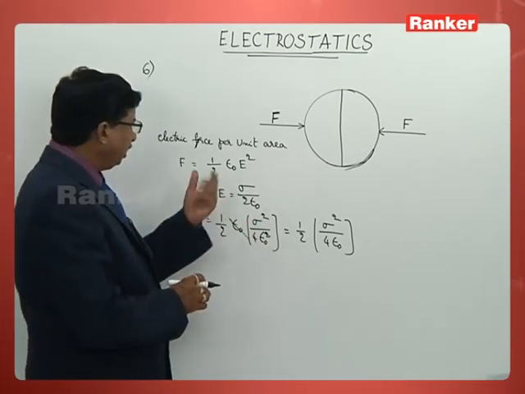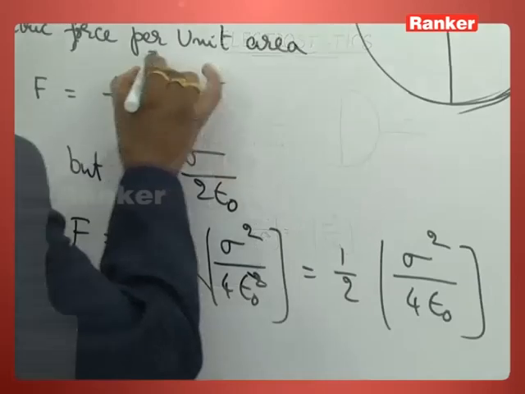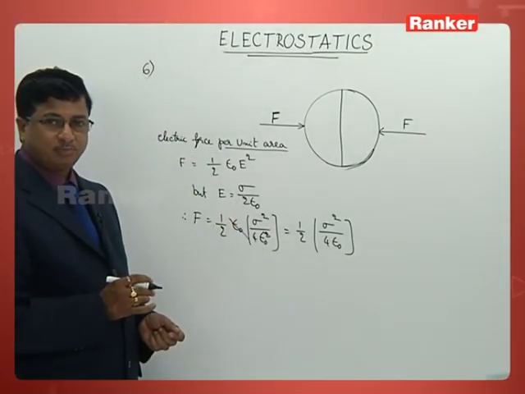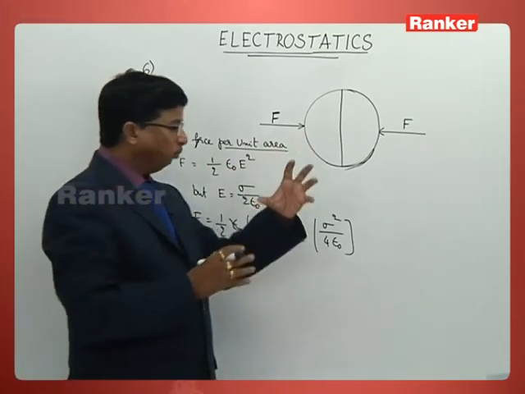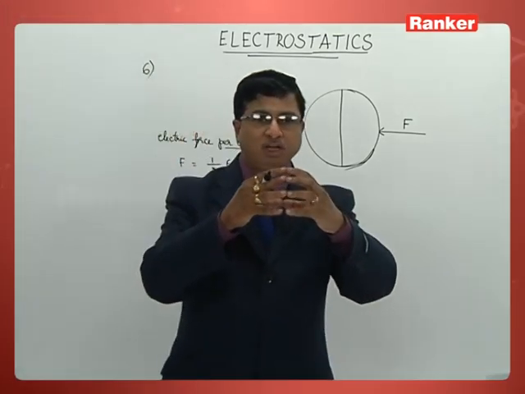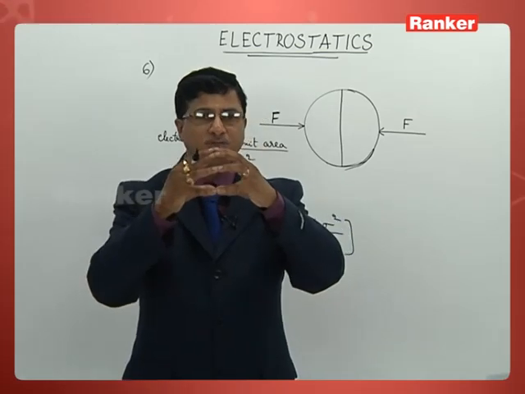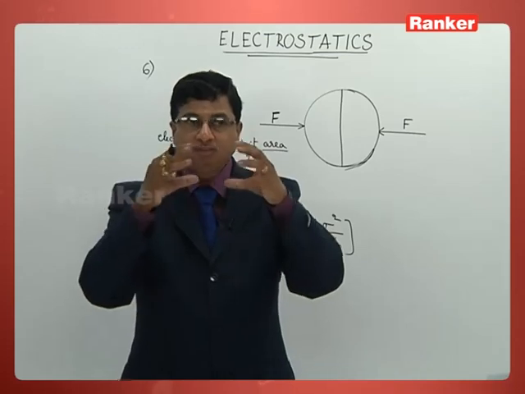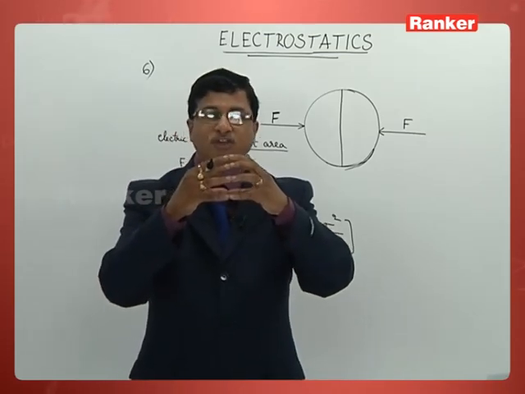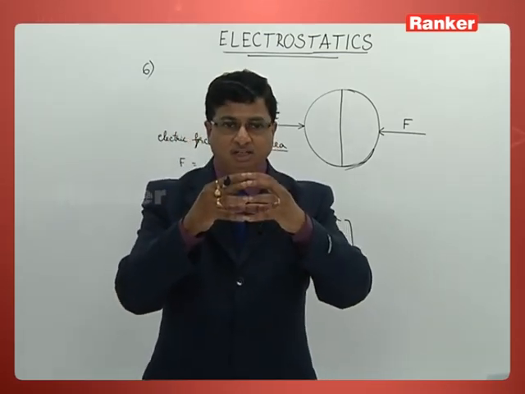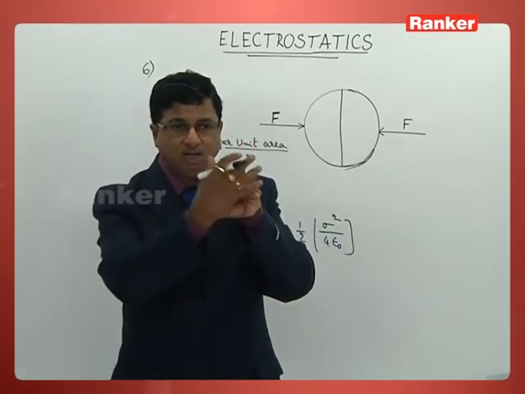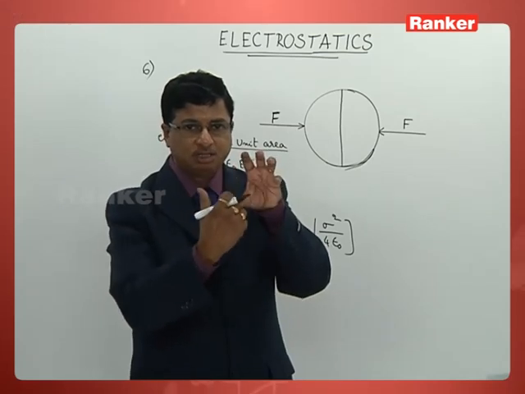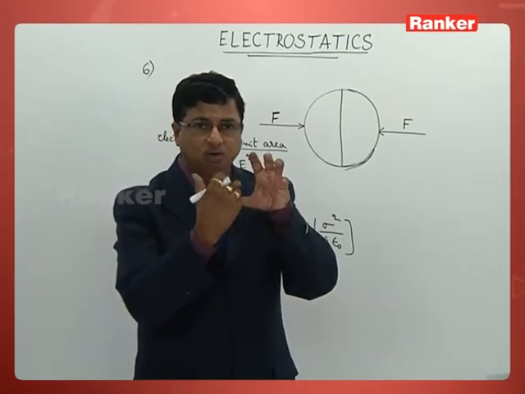But if you look carefully, this is the electric force per unit area. But he says both are just being pressed one against the other. Then observe carefully what is the effective area of that face, which is in contact with the other. If you take one hemispherical shell, is it not the area we used to consider? So what is this area now to be called?